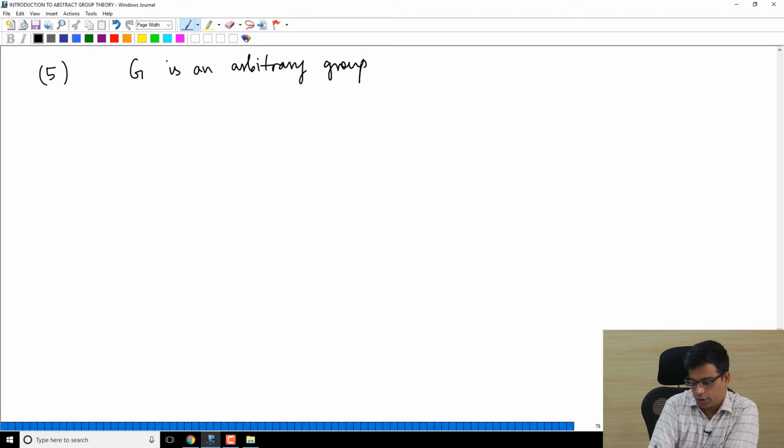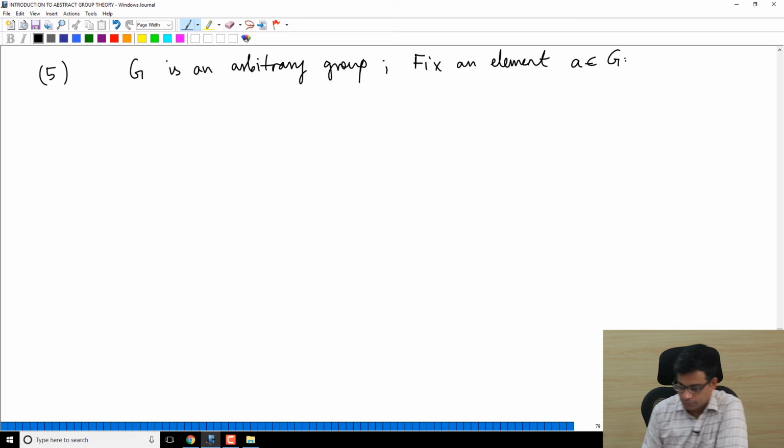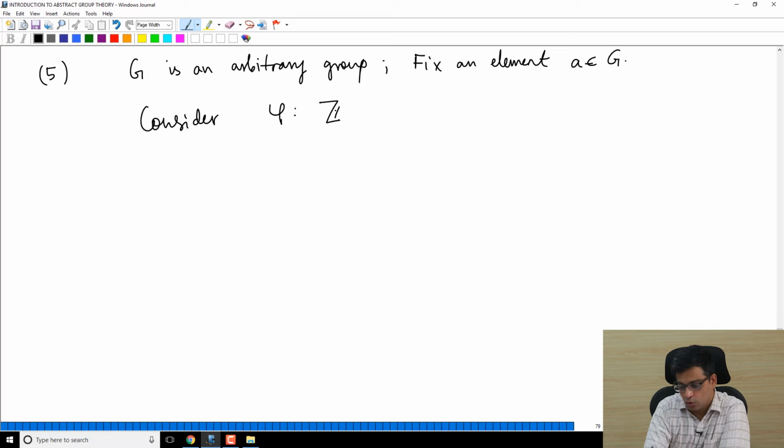So I am going to take any group and fix an element A in G. Consider the following function from the group of integers to G, which sends n to phi of n.